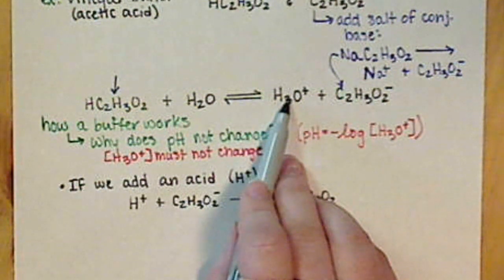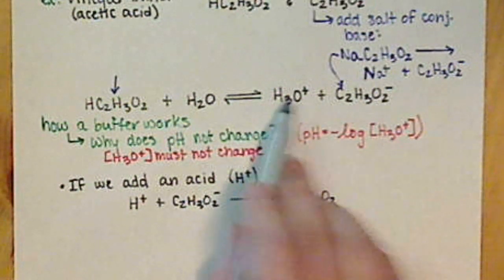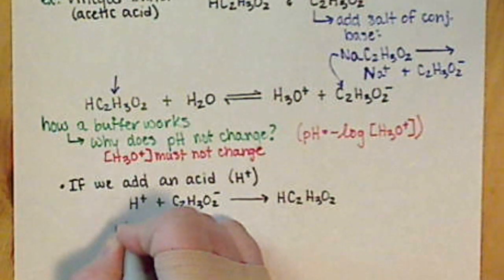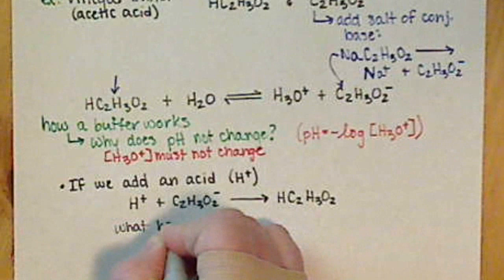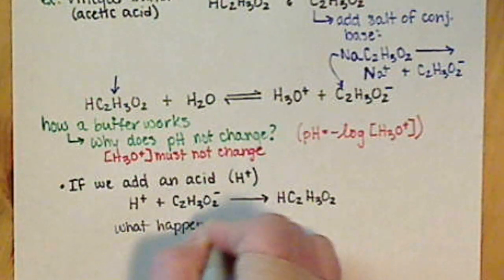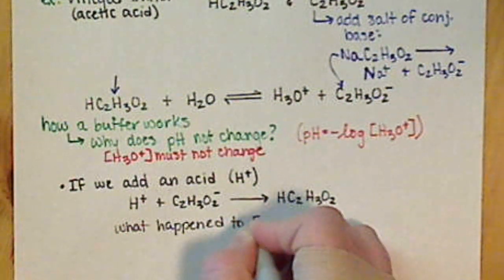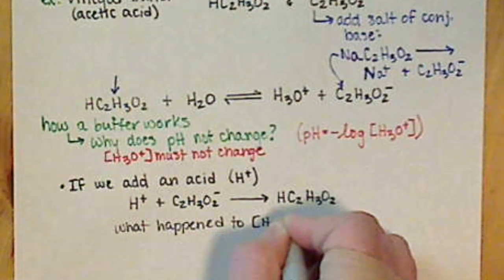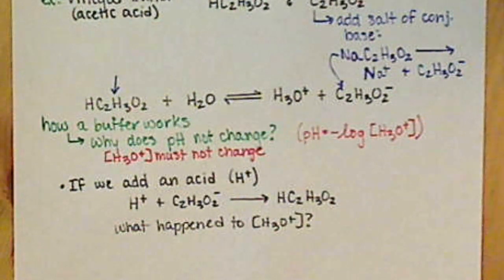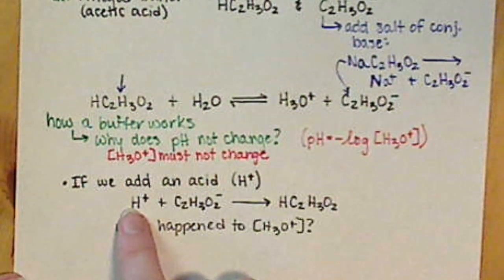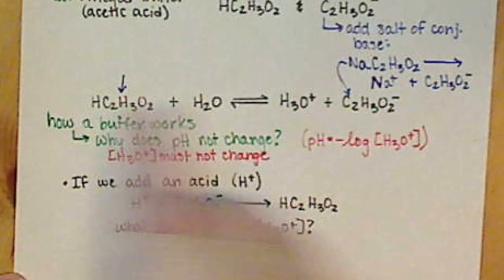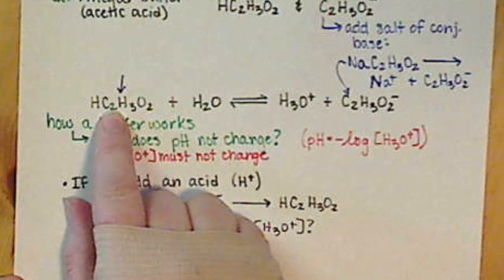What happened to the concentration of H3O plus? Did we change it? Well, we didn't change it. The acid that we added interacts with this to form more of that.